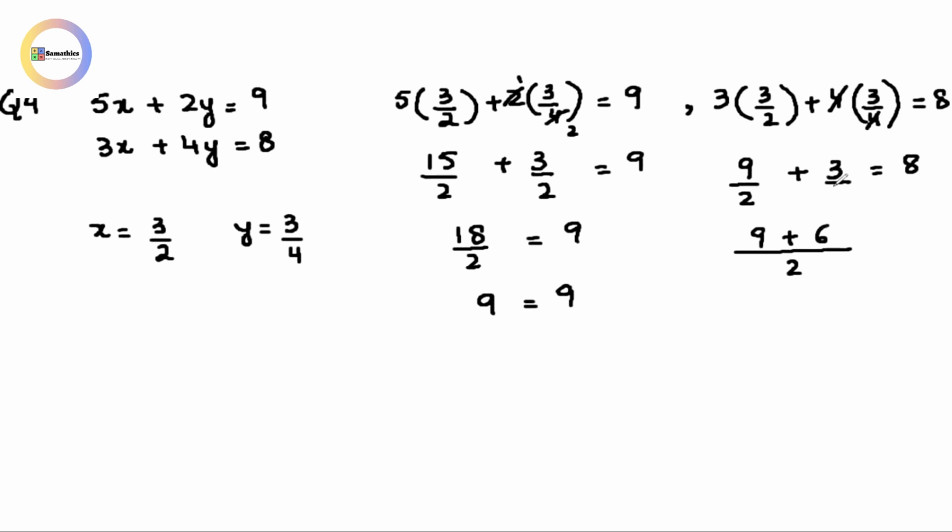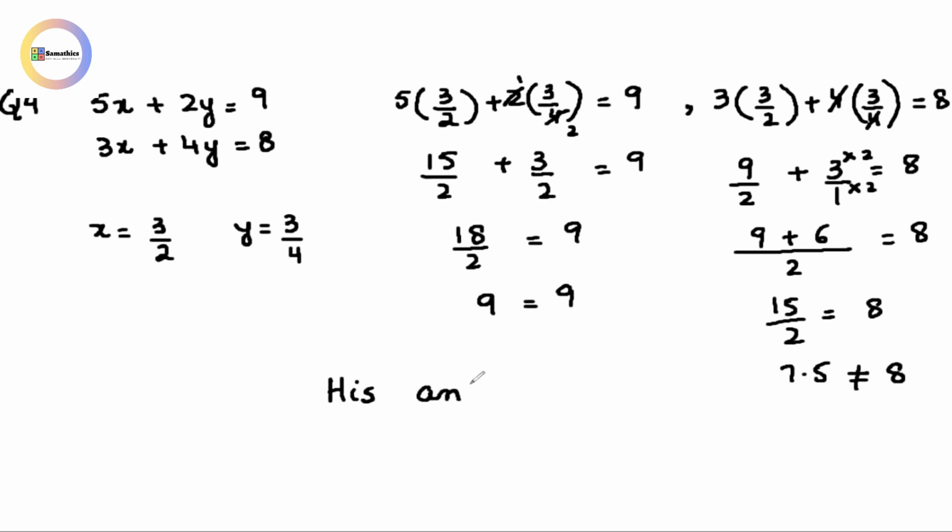As we have 1 in the denominator here, so we will multiply it by 2 and this is also to be multiplied by 2. So we have here 15 upon 2. So it is 7.5 and 7.5 is not equal to 8. So we can write his answer is wrong or his answer is not correct. You have to write the answer statement in this.